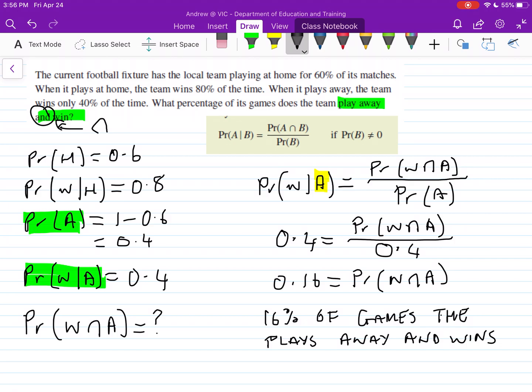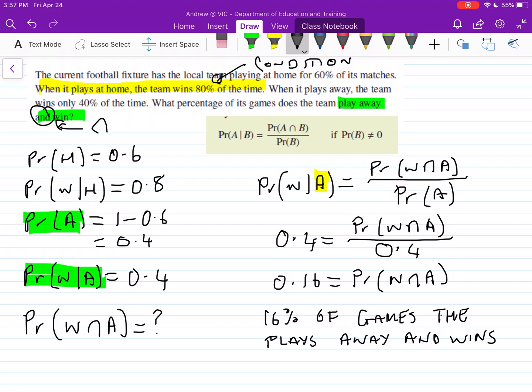How we tell here that these are our conditional probability. When they play at home, the team wins 80% of the time. Do you see how we don't have this and value in there, separated by a comma? So this tells us the condition, that's our conditional probability there.